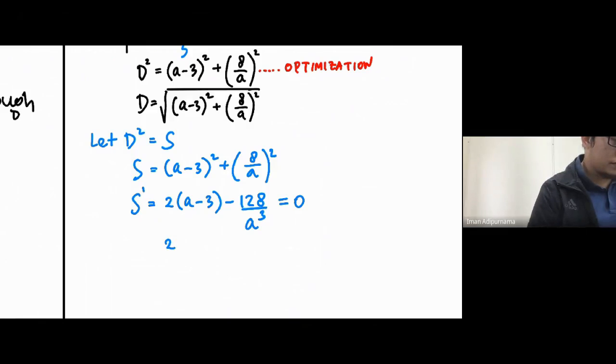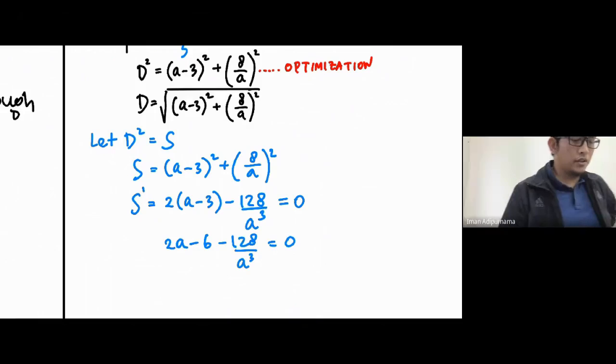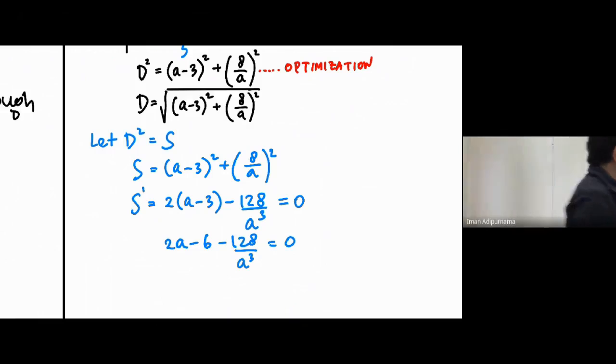2a minus 6 minus 128 over a cubed equals 0. And again, to simplify, you can solve this if you want, but if you think you need to simplify, then let's just multiply everything by a cubed.